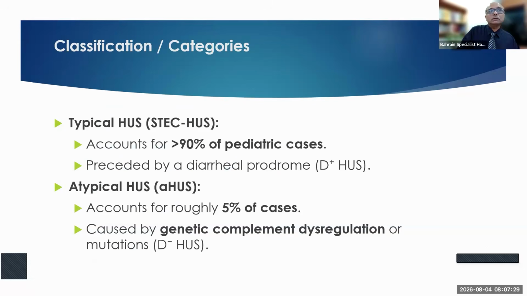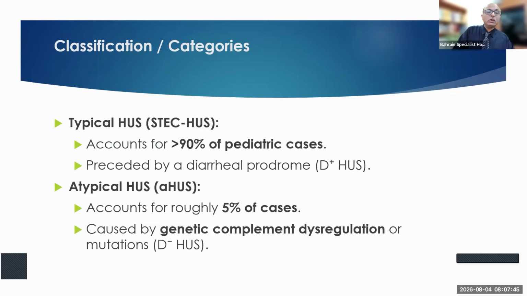Classification: some have classified HUS as primary and secondary, or typical and atypical. Mostly typical and atypical is used.